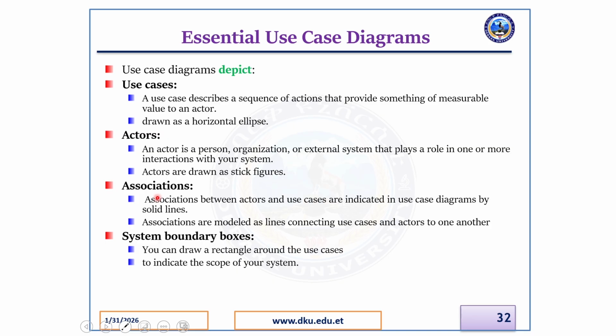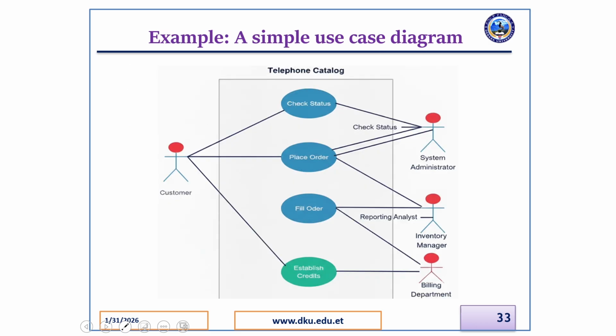Another important point here is system boundary boxes. You can draw a rectangle around the use cases to indicate the scope of your system. As you observe from the screen, this is a simple use case diagram. Here is an actor, this is an actor, and this is also an actor.